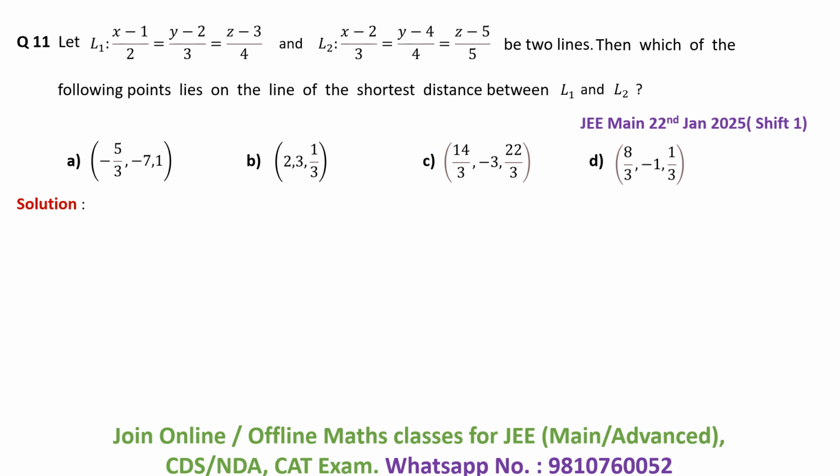Now we know that the line of the shortest distance is always perpendicular to the two given lines.